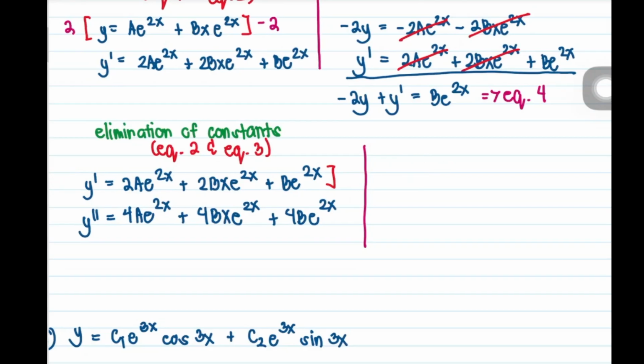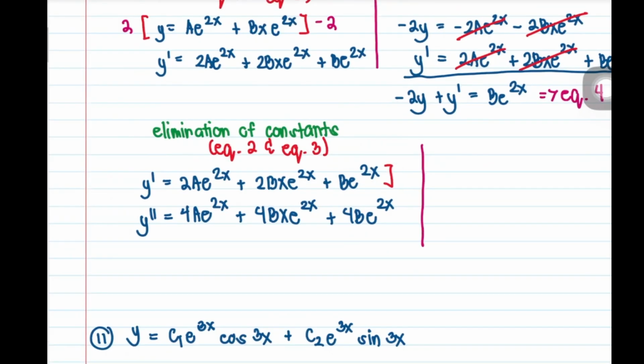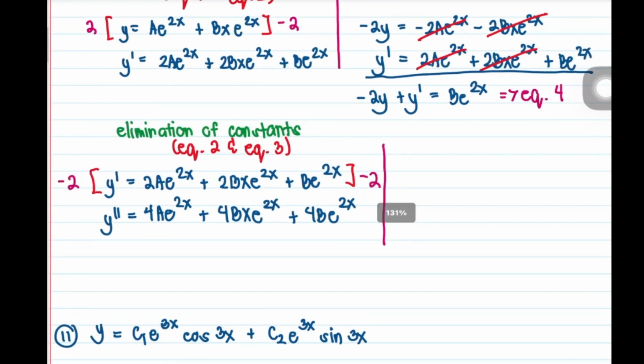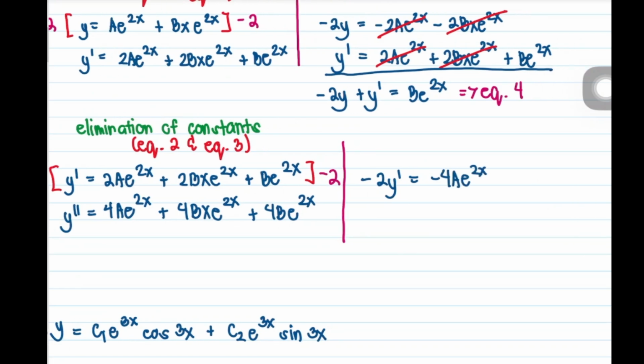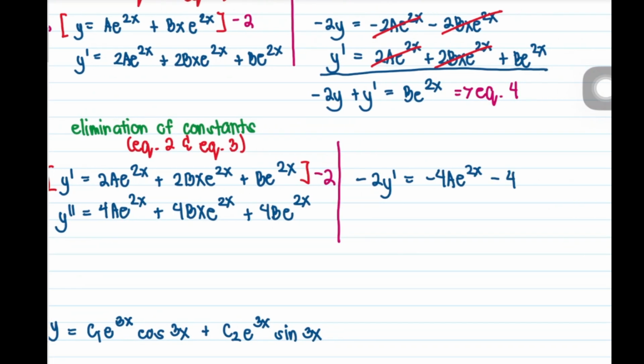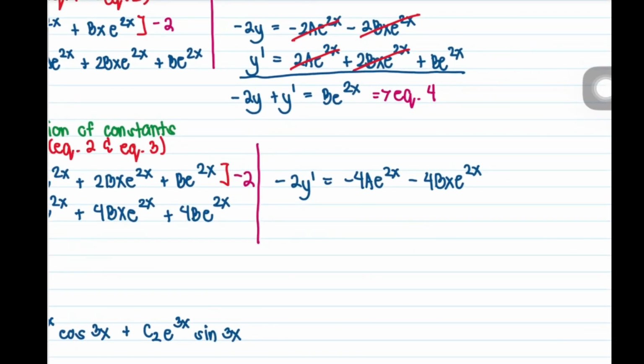Negative 2 only. So this one will yield negative 2y prime is equivalent to negative 4ae raised to 2x, negative 4bx e raised to 2x, negative 2b e raised to 2x.